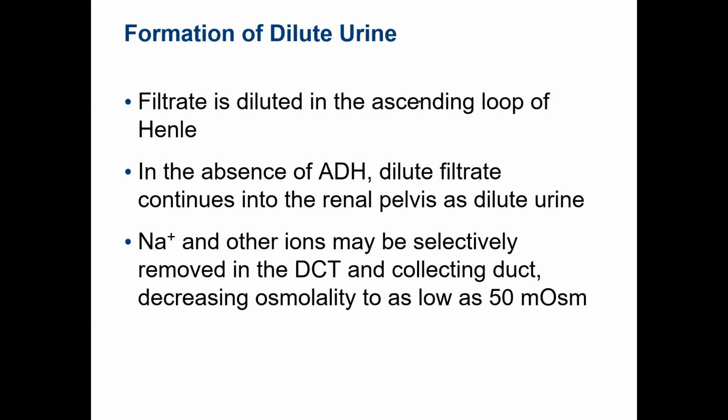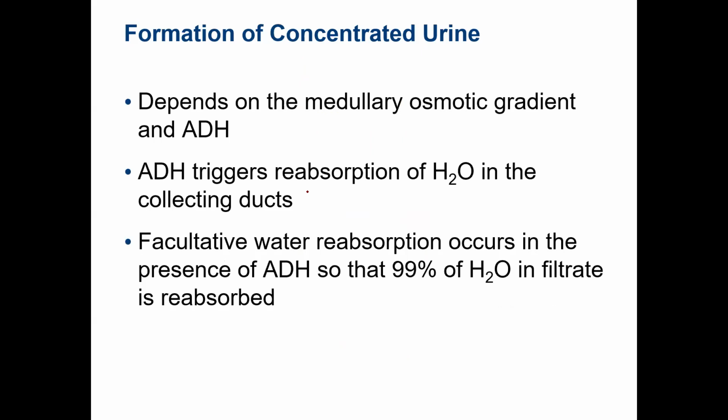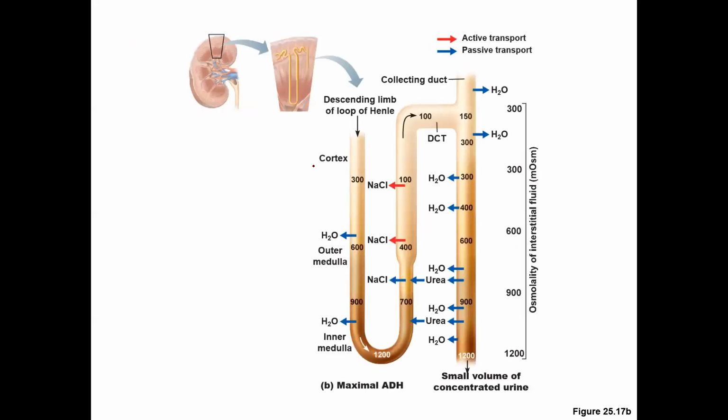When antidiuretic hormone is in play, antidiuretic hormone is going to open channels in this collecting duct, and it's going to let water move back into the blood. With antidiuretic hormone in play, you're going to reabsorb about 99% of the water.